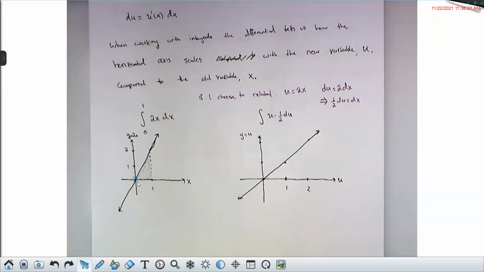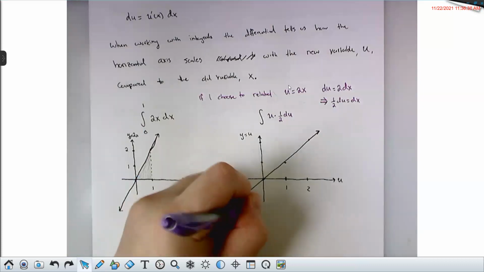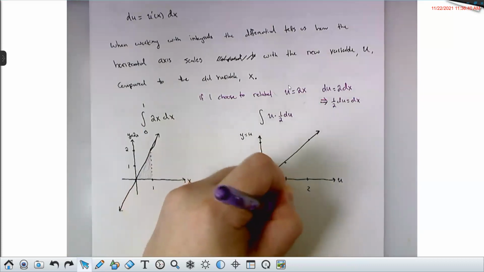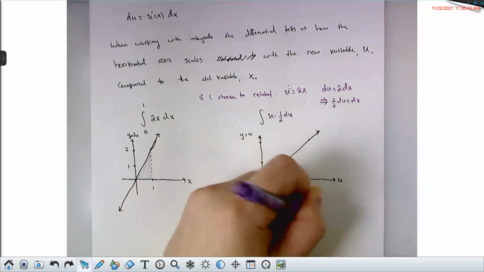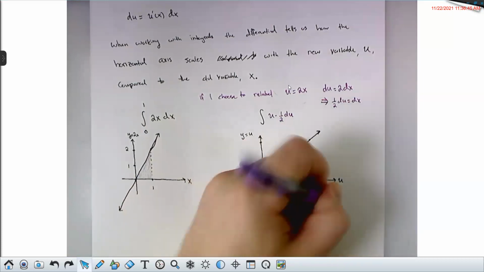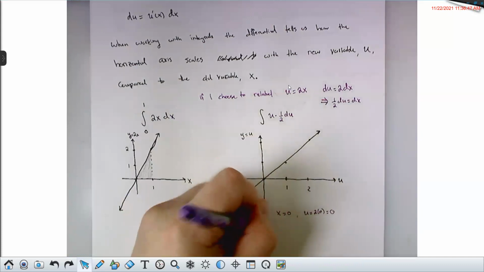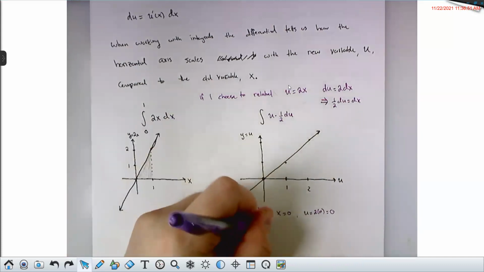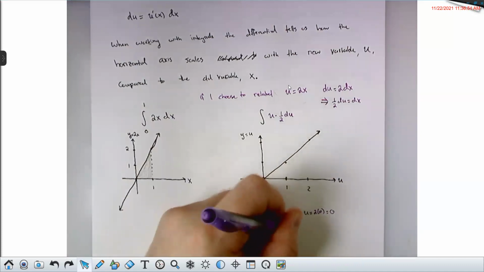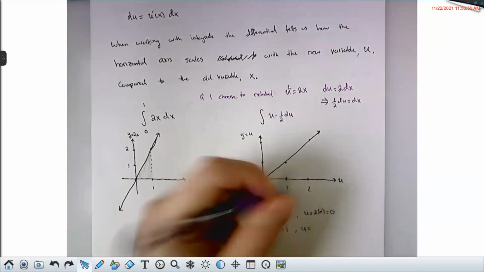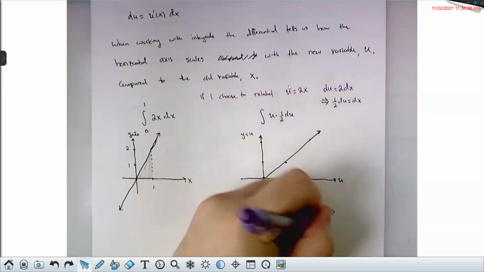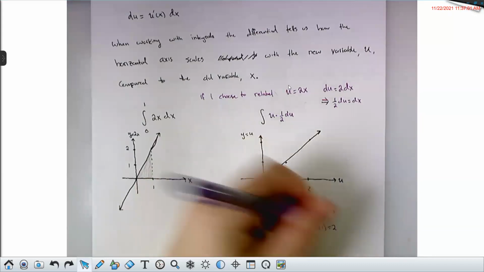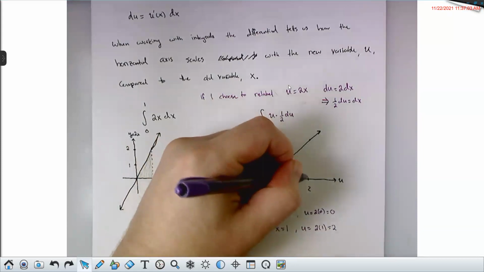Also, when x is equal to 0, my old lower bound is 0. When x is equal to 0, u is equal to 2 times 0, which is also 0. So my new integral will start at 0. When x is equal to 1, u would be equal to, just plug 1 in here, 2 times 1, which is 2. So my new upper bound is going to be 2.